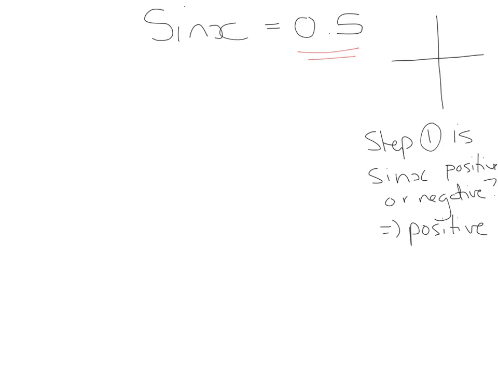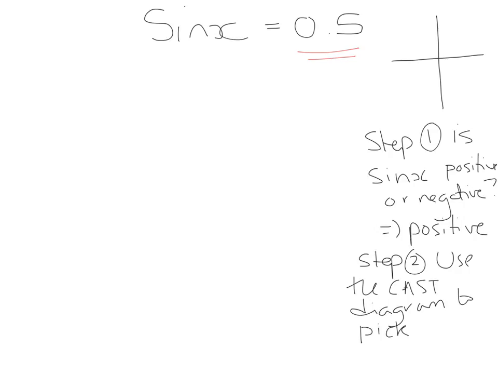Okay, so then we go to our cast diagram, so that would be step 2: use the cast diagram to pick quadrants. And I've drawn my cast diagram up here at the top. Remember, we've got all, sine, tan, cos, and we've said that our function is sine and it is positive.